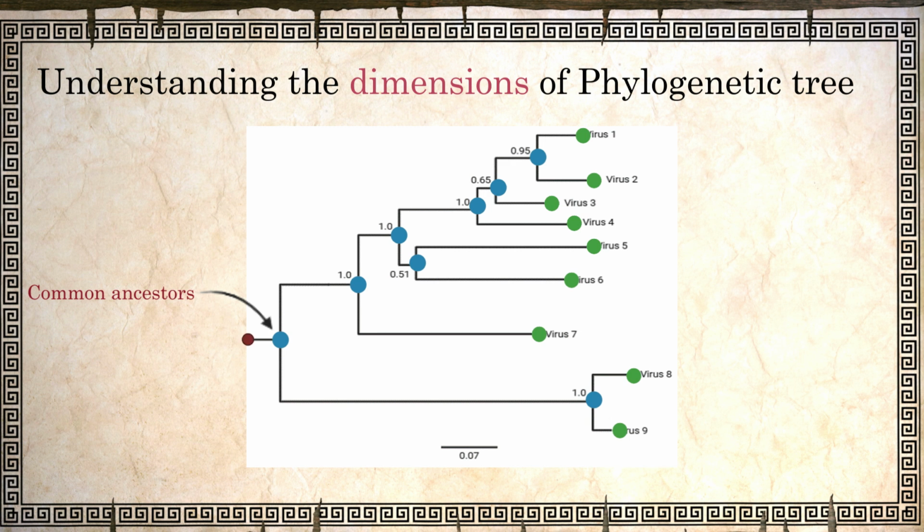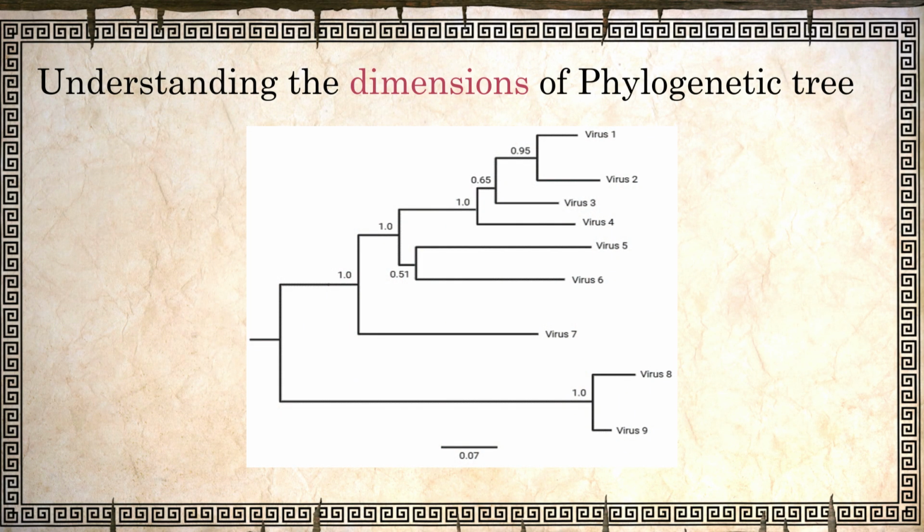This tree is rooted, and the root is represented by the red spot, which means we know where the ultimate common ancestor of all the sampled organisms was. The timescale increases from left to right.